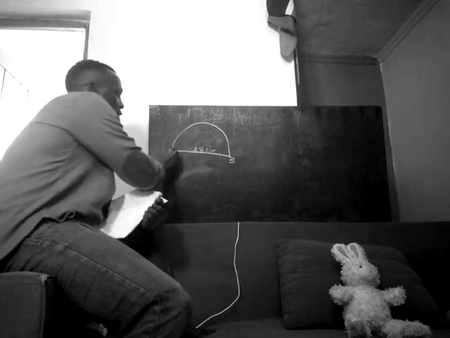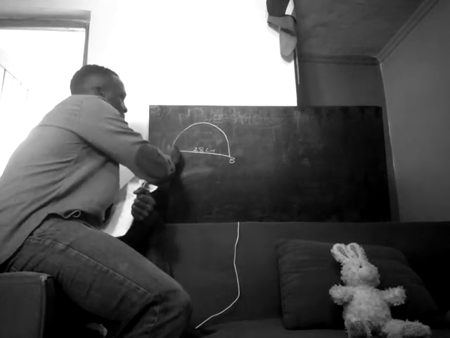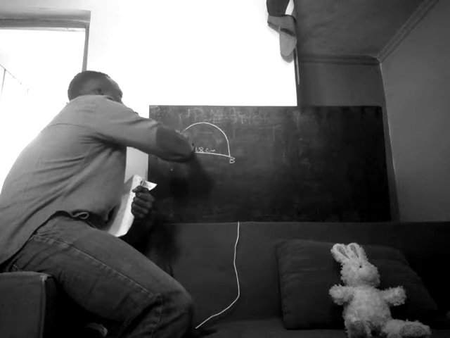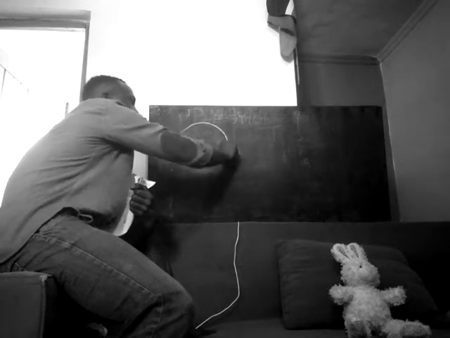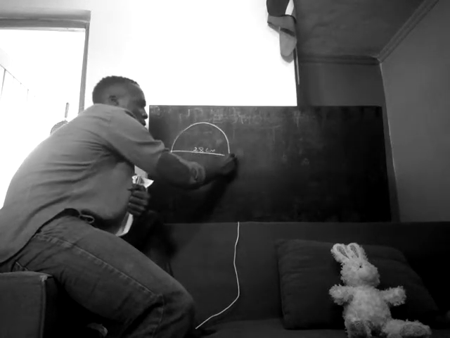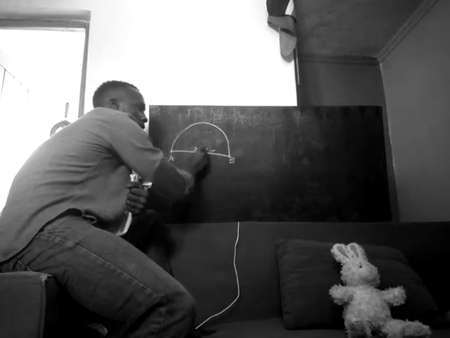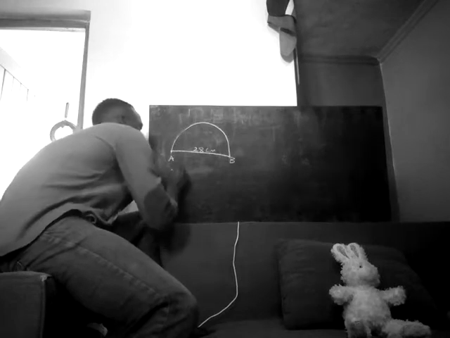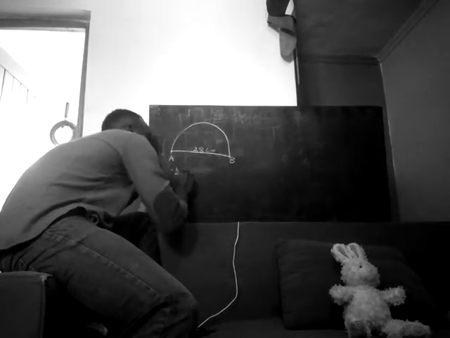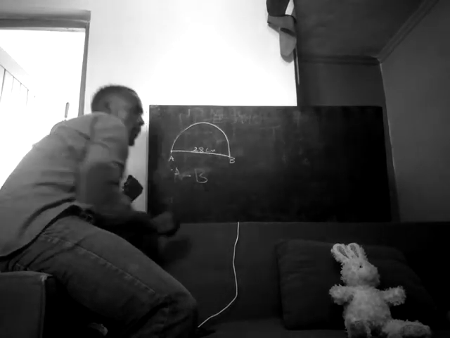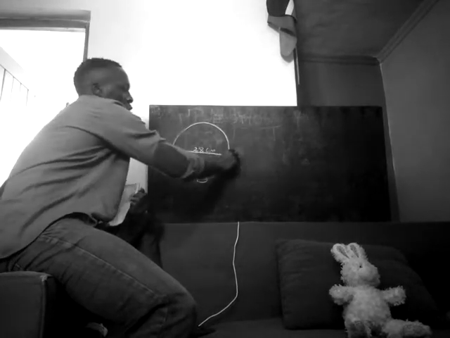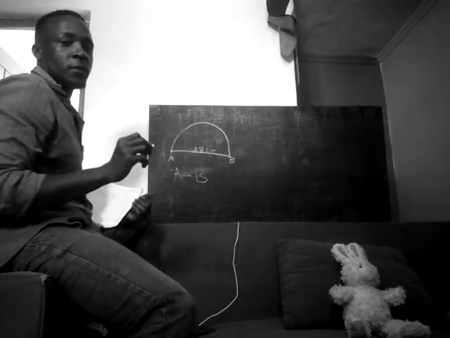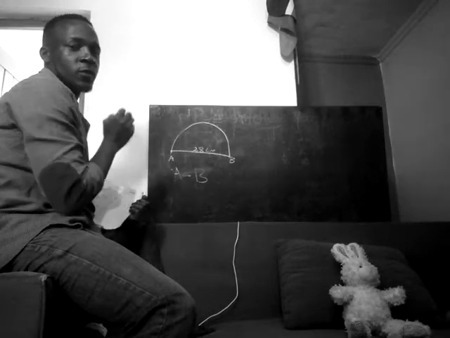So we are going to be moving from A this way up to B, then from B we will move back to A. From point A to point B, we know the formula for getting the circumference of a circle.